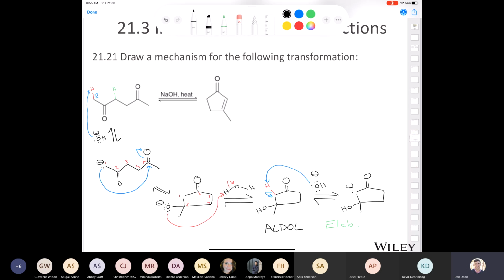And what's the driving force for that? It's the formation of the conjugated system. Sorry, I'm trying to get my negative charge a little prettier there. Okay, so we expel hydroxide as the leaving group like that, and we end up with our product like that. Again, the intermediate has to be an aldol, and then via the E1CB reaction, we end up losing hydroxide.